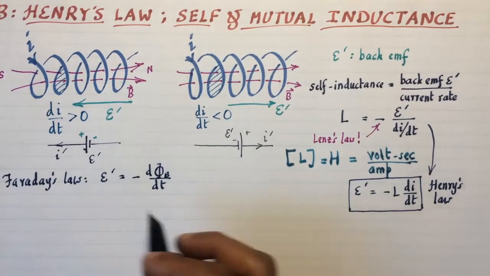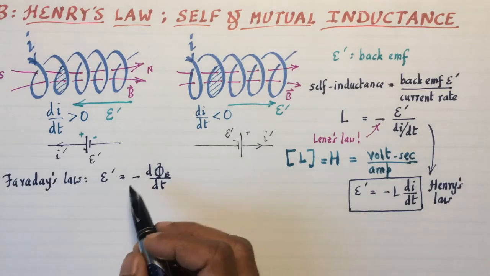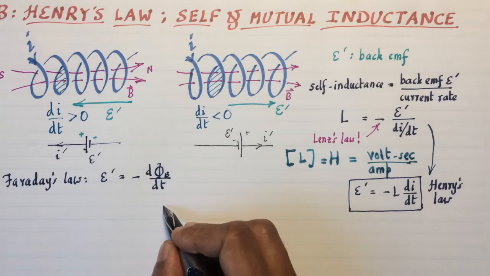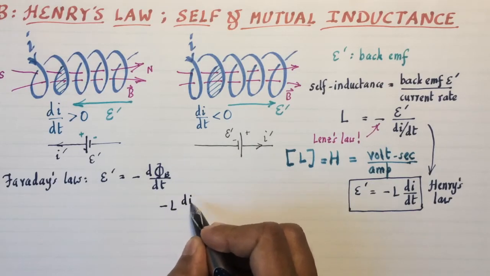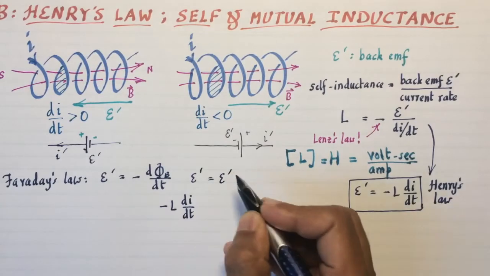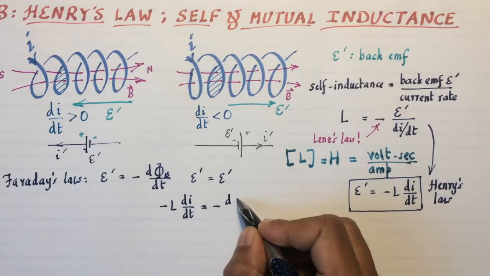So take Henry's law and Faraday's law together and set them equal. Well, that's the natural thing to do because the left-hand sides are the same. So if you do that, you get negative L di by dt. So what I'm doing is putting E prime on Faraday's side equals E prime on Henry's side. And that's equal to negative d phi B by dt.